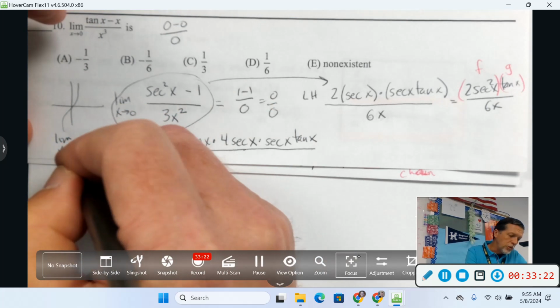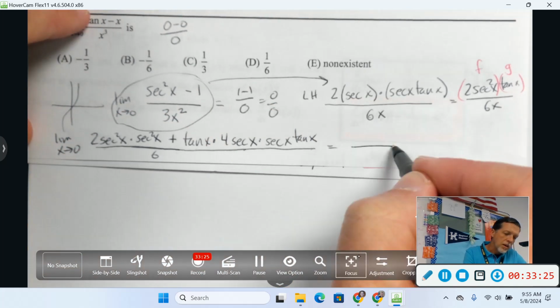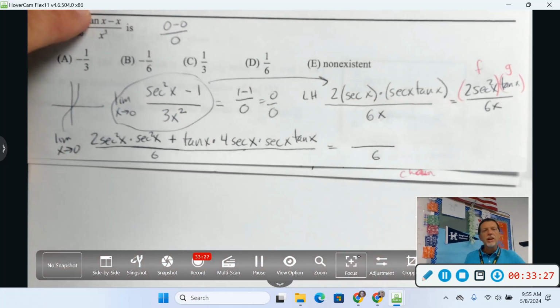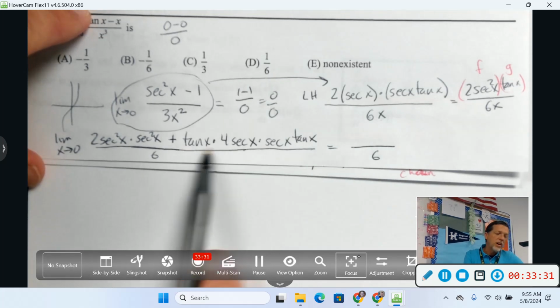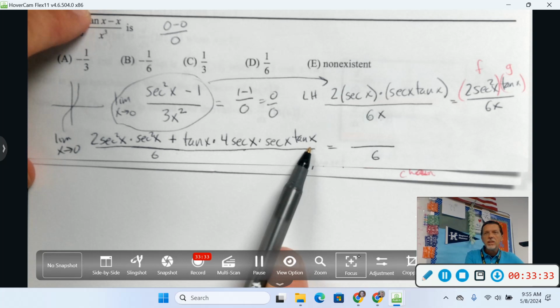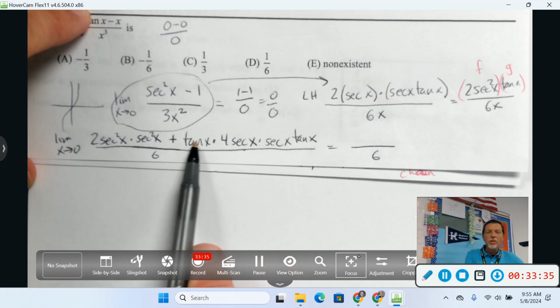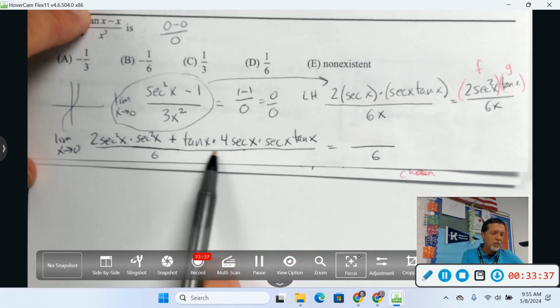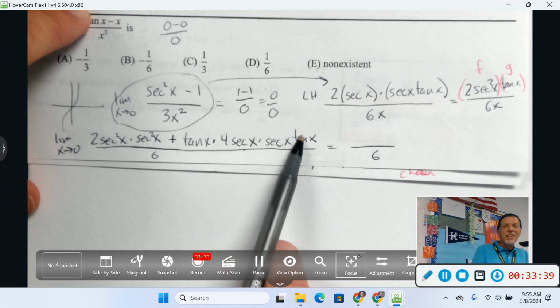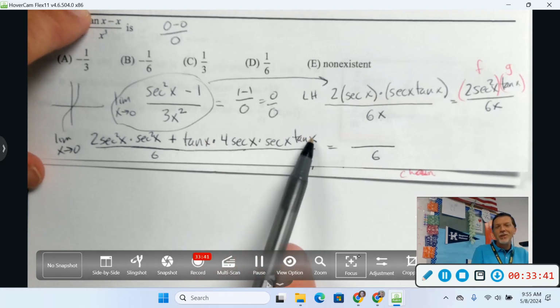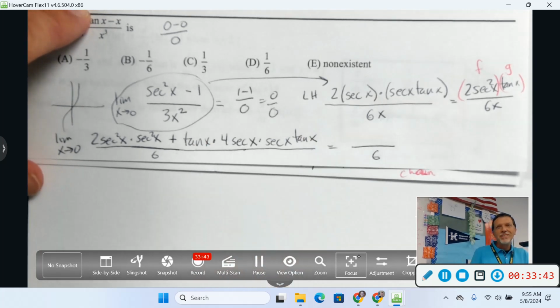Now, there is good news coming because I know 6 is in the bottom, so we're good there. What's the tangent of 0? 0. So this whole second term goes away, which means even if I had messed up some of that stuff, as long as the tangent showed up in there somewhere, it was going to wipe it out. So I don't have to worry about that.